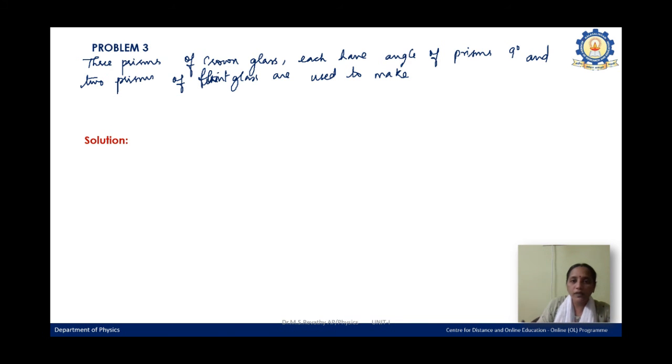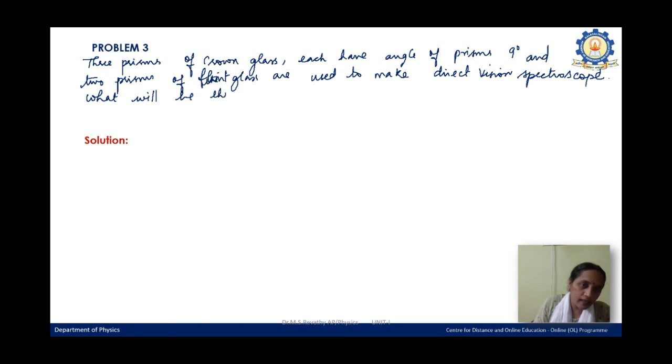Crown and flint combination gives you a direct vision spectroscope, where you have 5 prisms. Among the 5, 3 are crown and 2 are flint. Here the task is to find out what will be the angle of the flint glass prism.